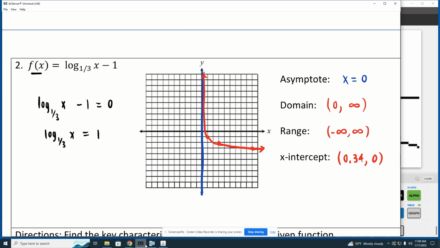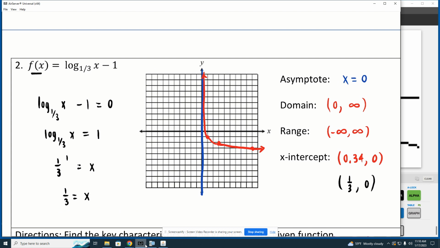The base of my log, 1/3, becomes the base of my exponent, and then we do the loop. 1/3 to what power? The first power equals what? Guys, what's 1/3 to the first power? 1/3. Guys, what's the decimal value of 1/3? Did we get pretty close when we estimated it using our calculator? 0.34?